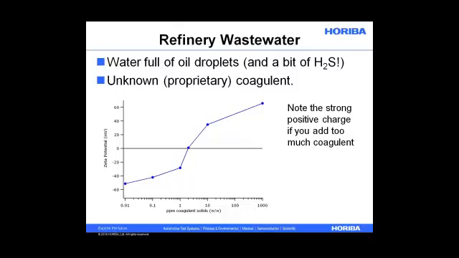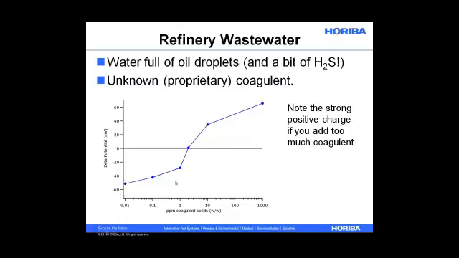There are two things. One is we're really adding a tiny, tiny amount of coagulant. The second is this is a proprietary formulation. I'm pretty sure it was a polycation, but they didn't really tell us anything, and so that's all we know.